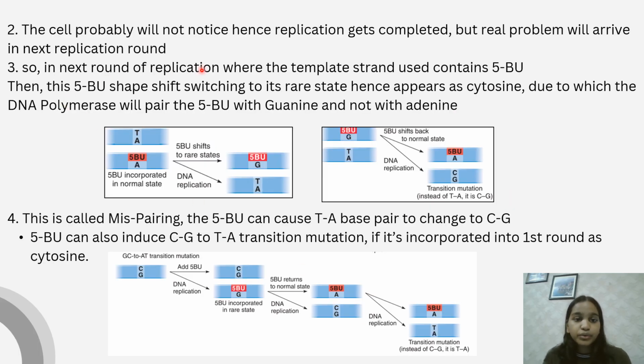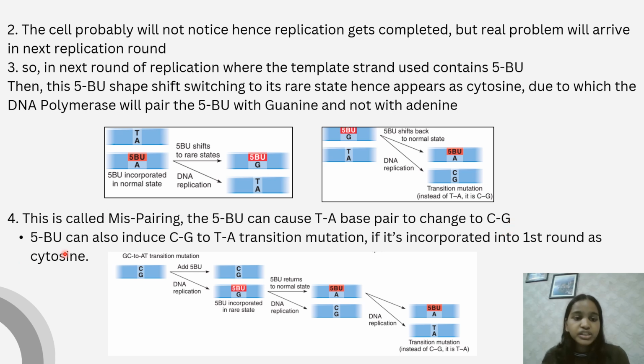In the next round of replication, when the template strand contains 5-bromouracil, this 5-bromouracil will shift its shape from resembling thymine to resembling cytosine. And thus, it pairs with guanine in this second replication phase. This causes a TA base pair to change into a CG base pair. This is a transition mutation.